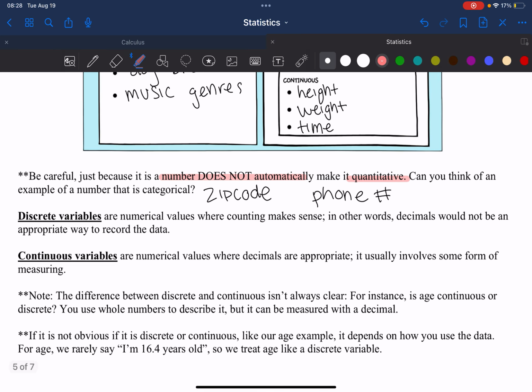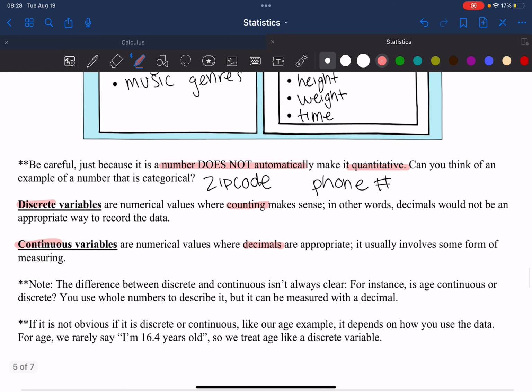Okay, and here just emphasizing that discrete is something that is counting, and continuous is something that has decimals where appropriate. So the difference between discrete and continuous is not always concrete as, okay, can you count it versus having decimals.